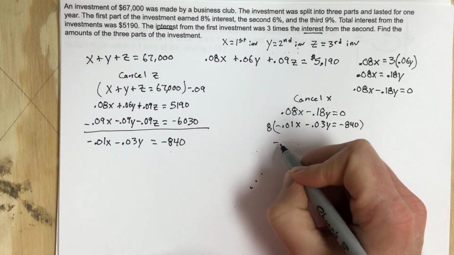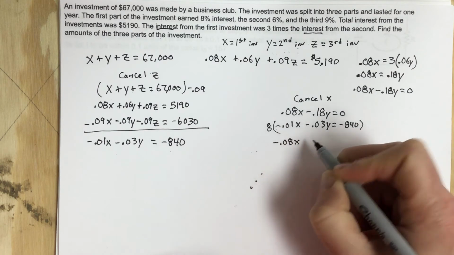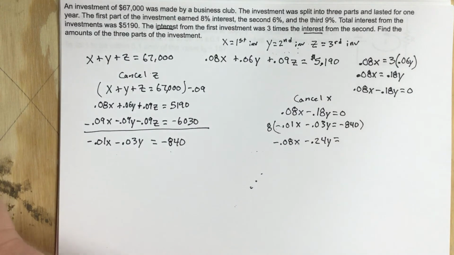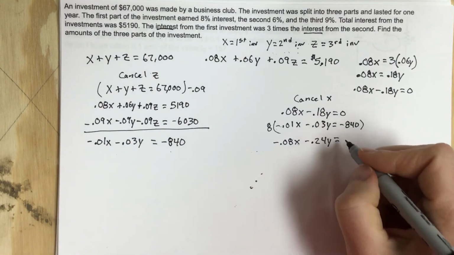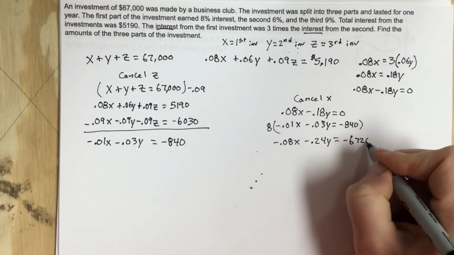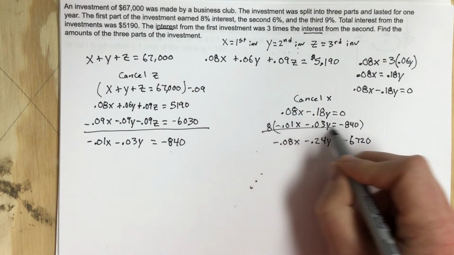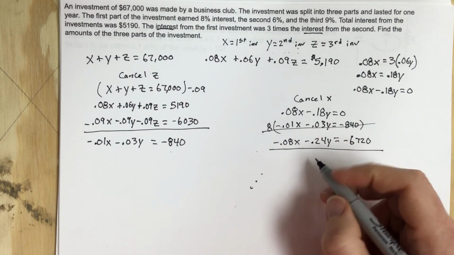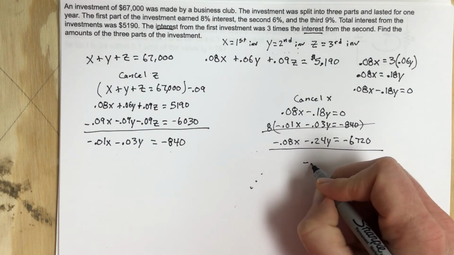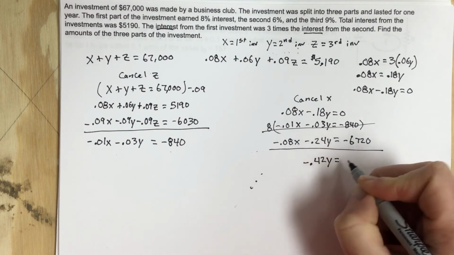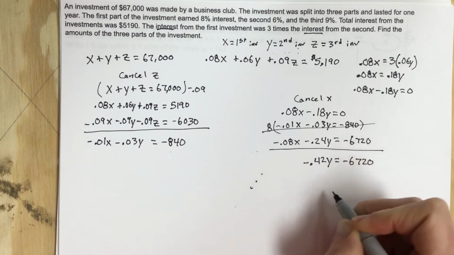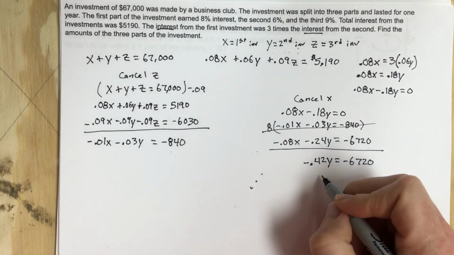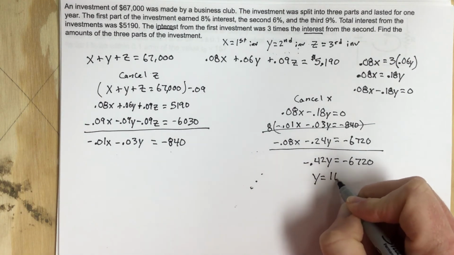Then we get negative 0.08x minus 0.24y equals negative 840 times 8. That's negative 6,720. When we add those together, this cancels. This will give you negative 0.42y equals negative 6,720. Let's divide by negative 0.42, and we get y equals 16,000.